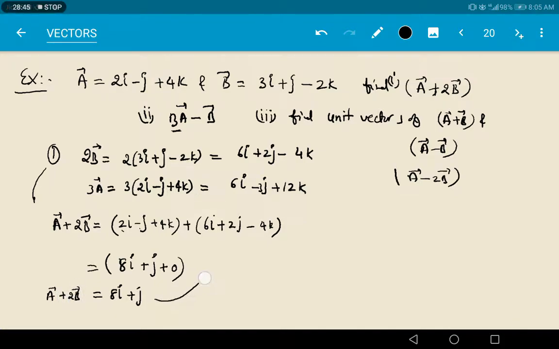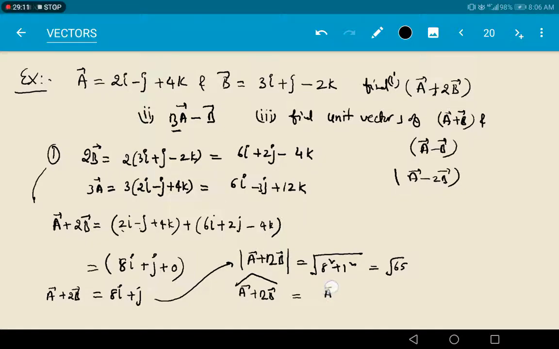Now for suppose if they are asking for the magnitude of this vector, modulus of a bar plus 2b bar is under root of 8 square plus 1 square, root of 65. Unit vector of a bar plus 2b bar, therefore a bar plus 2b bar by modulus of a bar plus 2b bar.